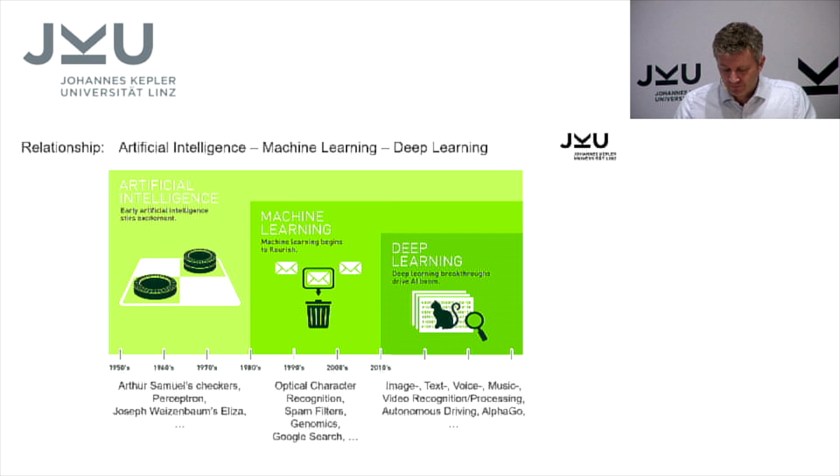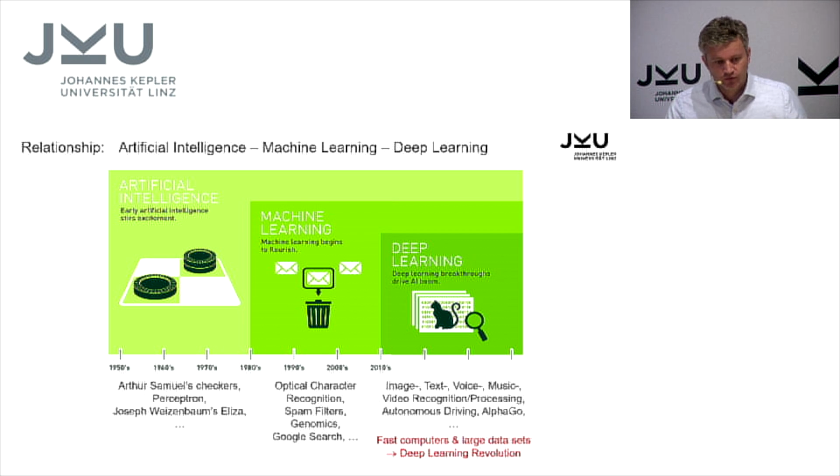So all modern image, text, voice, music or video recognition or processing, the autonomous driving that companies like Tesla and Waymo and many others are pursuing, and also you probably have heard about AlphaGo, that now artificial intelligence can outperform humans in playing Go. These are all achievements of the field of deep learning, which itself is a subdiscipline of machine learning.